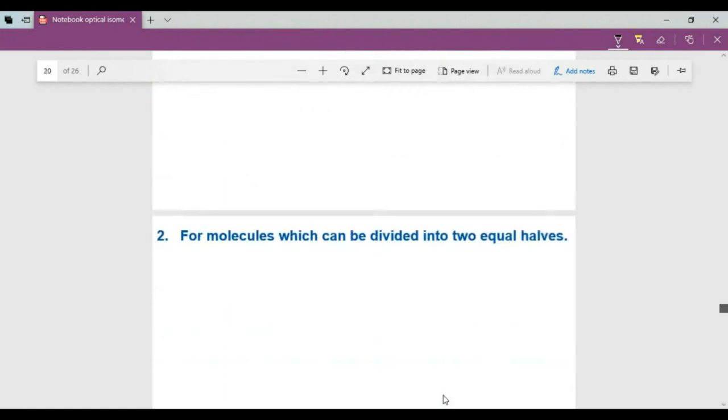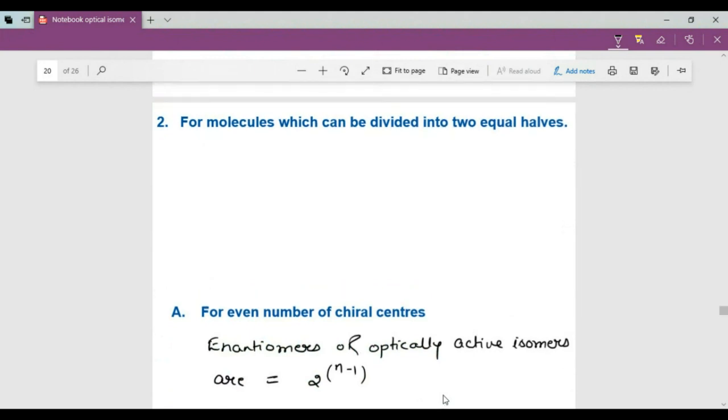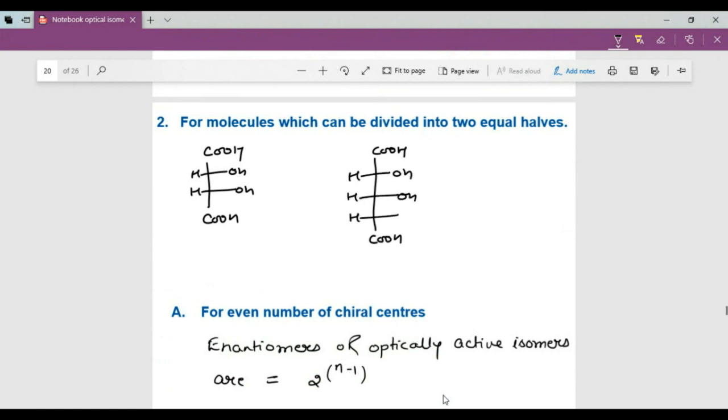If the molecule can be divided into two equal halves, say for example, we have done tartaric acid, then there could be two cases.